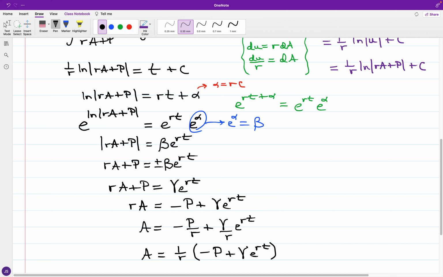Either version will be the general formula for solving for A whenever you're looking at recurring annual deposits where you have interest drawn continuously.